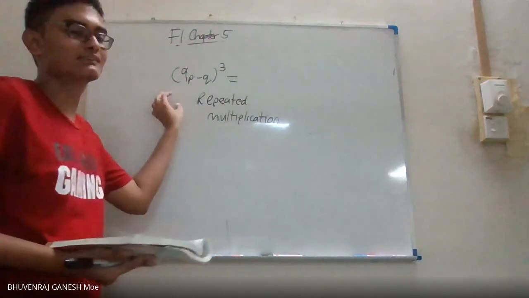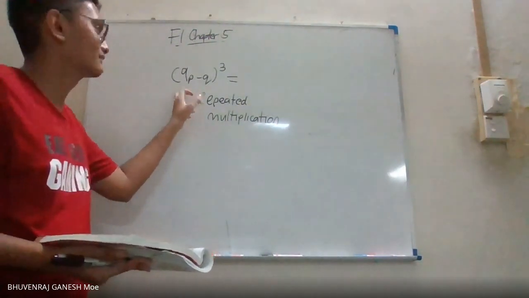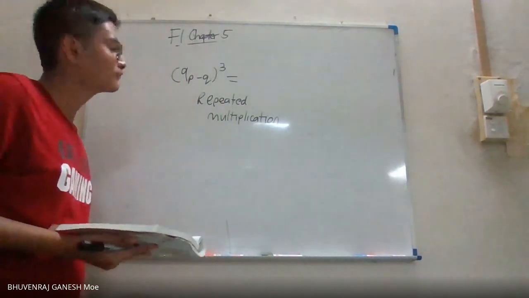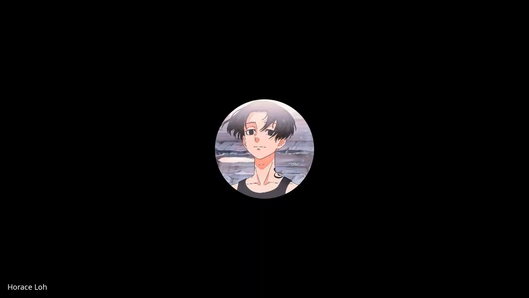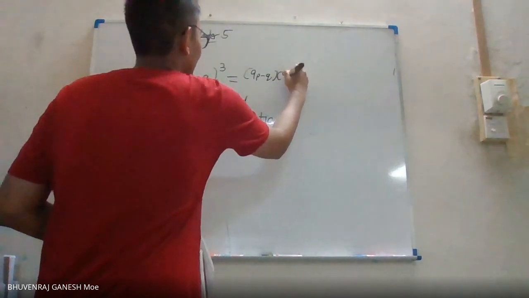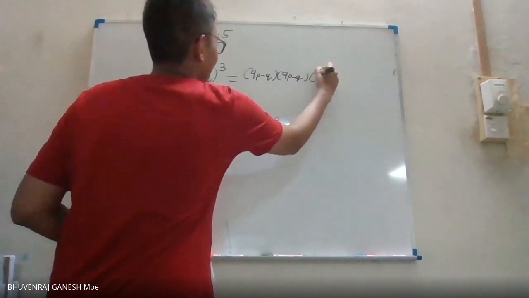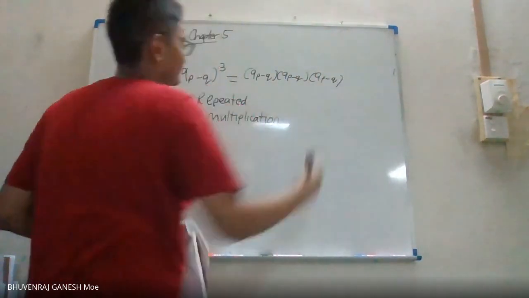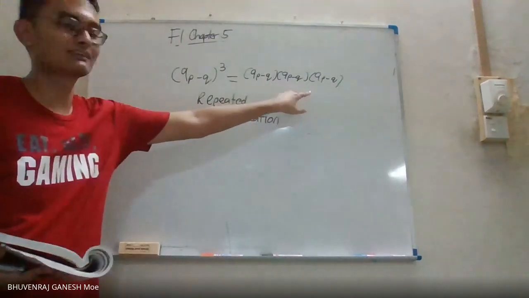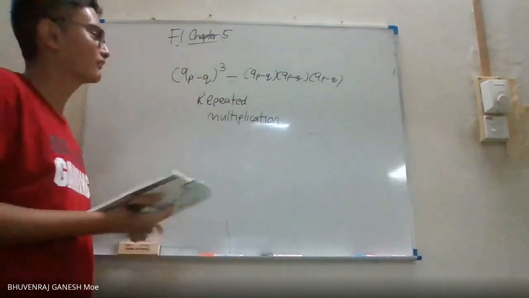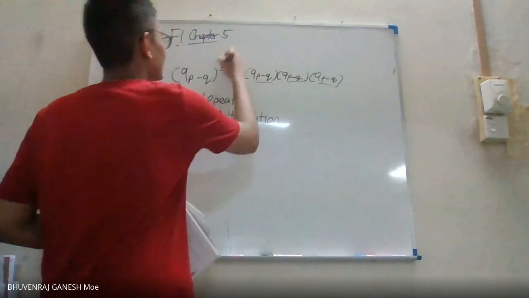Actually, basically, you just copy back the same thing only, nothing much. You see here, copy back. Tedious, but this is how it is. Same thing. Because when you times this back, you get this, right? Remember? Because 3 times you repeat, that's why power 3.